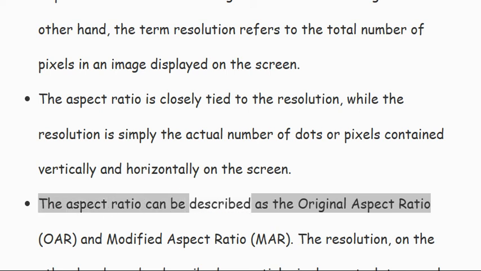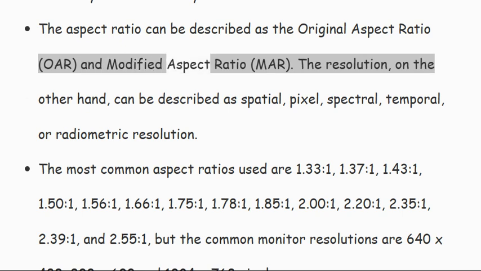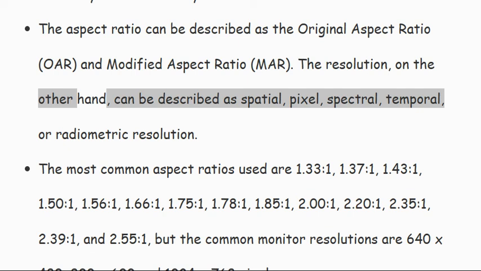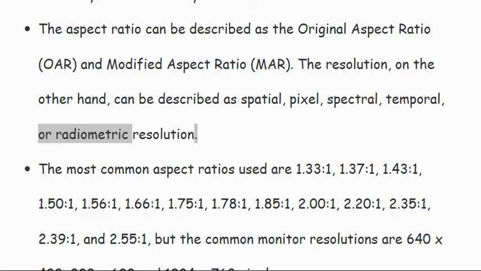The aspect ratio can be described as the original aspect ratio and modified aspect ratio (MAR). The resolution, on the other hand, can be described as spatial, pixel, spectral, temporal, or radiometric resolution.